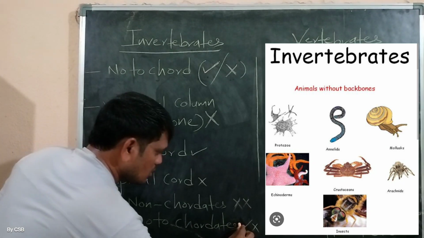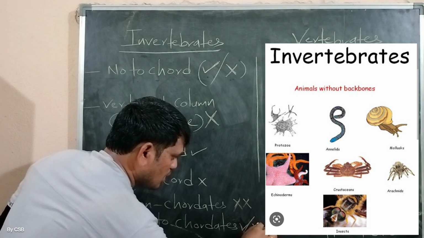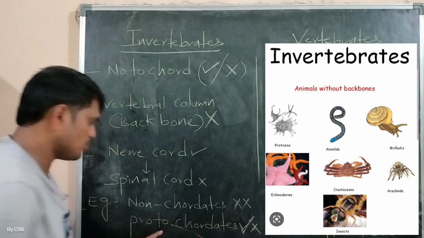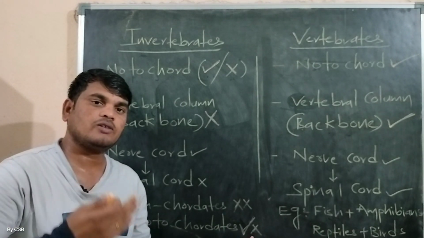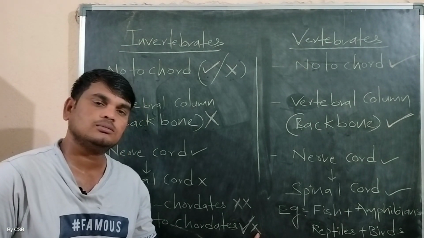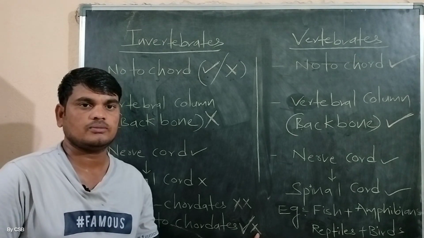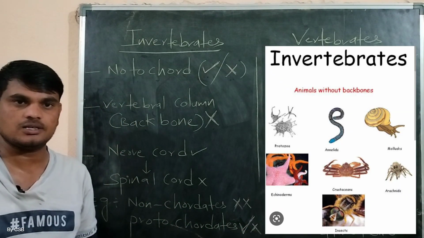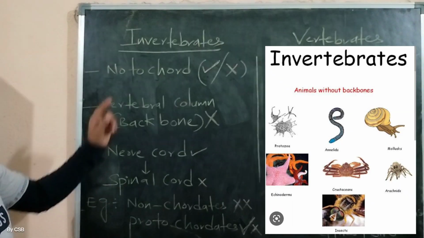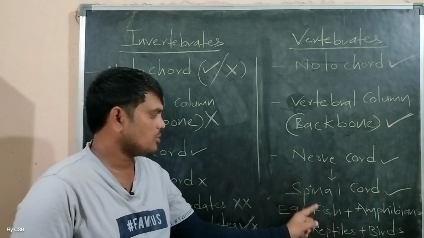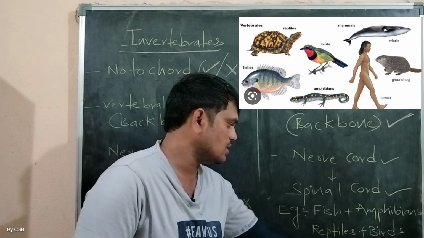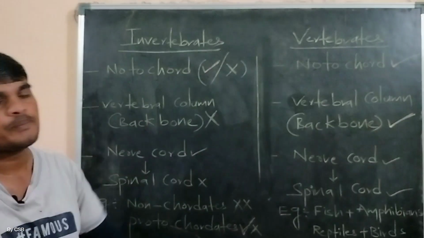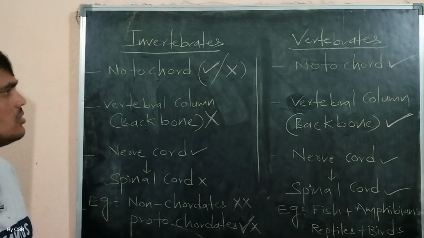Protochordates have notochord present, but backbone absent. Notochord is present in protochordates, but it does not develop into a backbone. Notochord is present at the embryonic stage and is limited to it. Vertebrates are fish, amphibians, reptiles, birds and mammals. Let me give the conclusion.